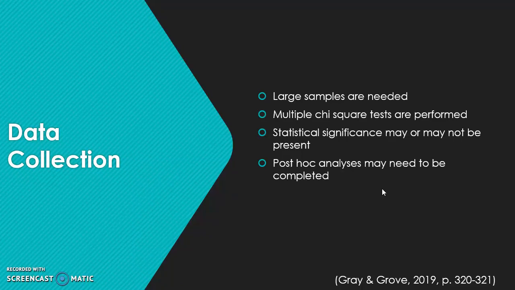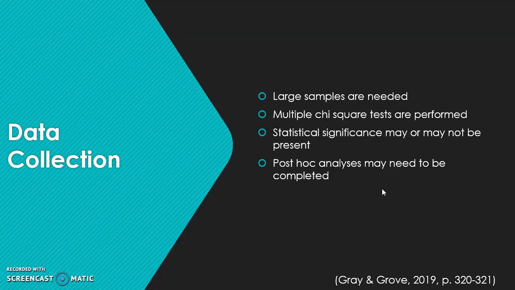Oftentimes multiple chi-square tests are performed, and this is often to see the multiple relationships going on. So for example, if we went back to that study on page 321, they only had IV infiltration and IV insertion.